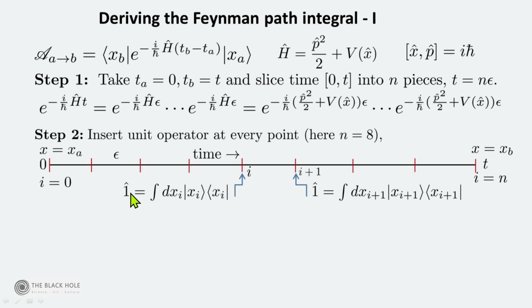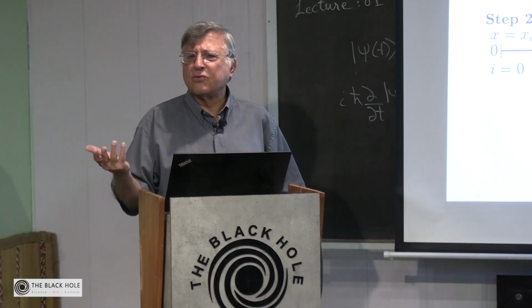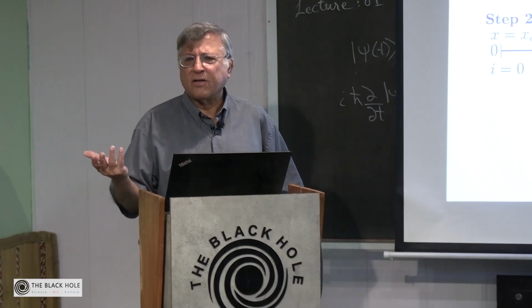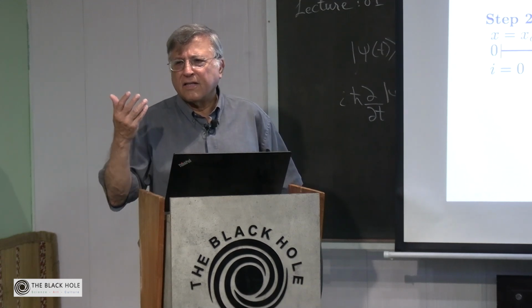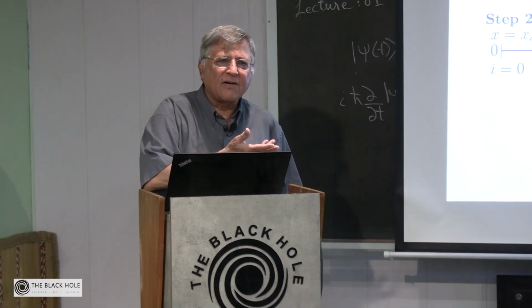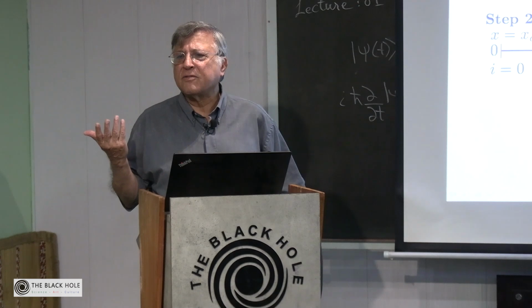Now, there's never anything wrong whenever you multiply by 1. You always get the same thing. So I am at liberty to use whatever unit operator I want. If I like this kind of unit operator or that kind of unit operator, it's my life.